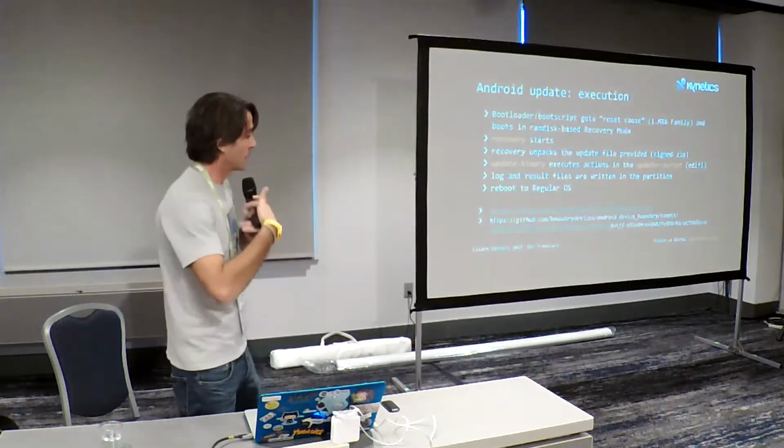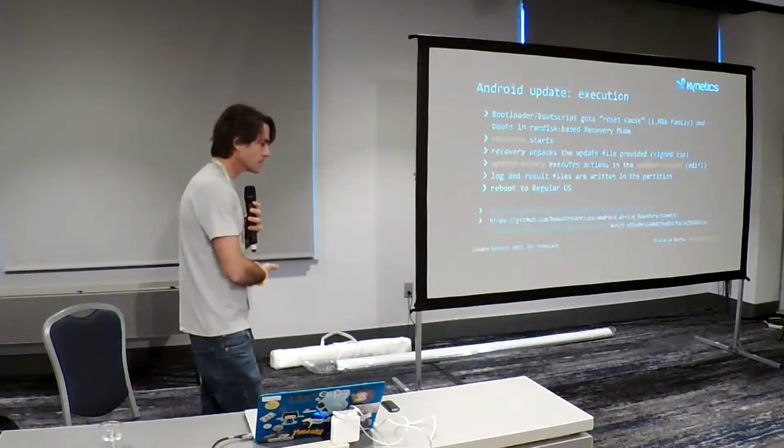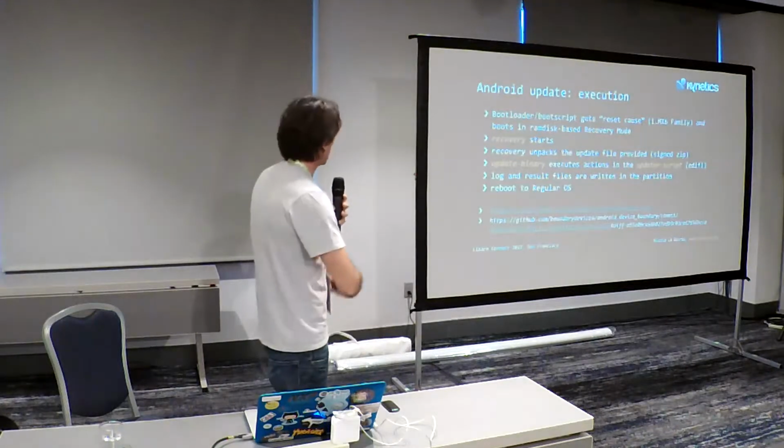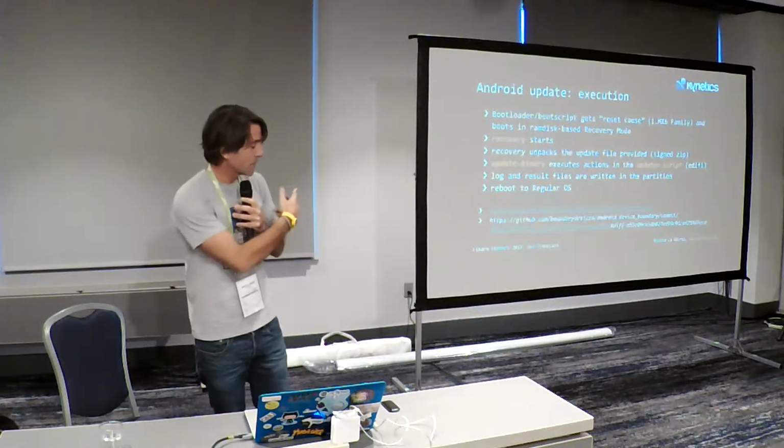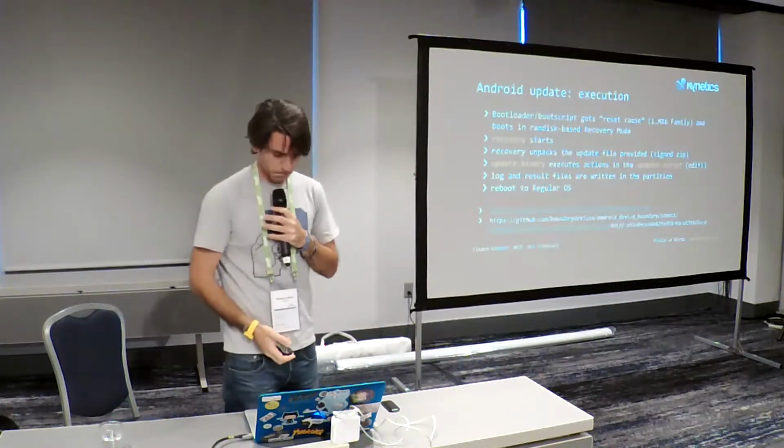You can do a raw write, for example, of the system image, or whatever other data to other partitions from the script, and then you reboot on the regular OS.